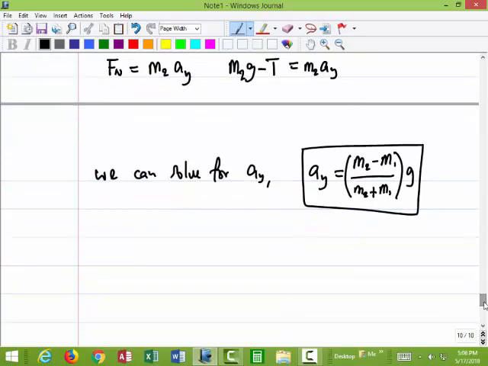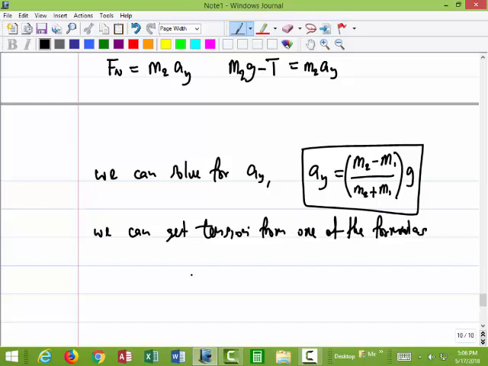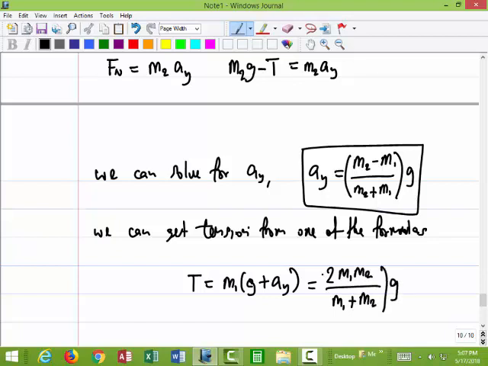From that, we can calculate tension from one of the formulas. So we can say that T equals M1 times g plus A in the y direction, and that's equal to 2 M1 M2 over M1 plus M2, multiplied by the acceleration of gravity g.